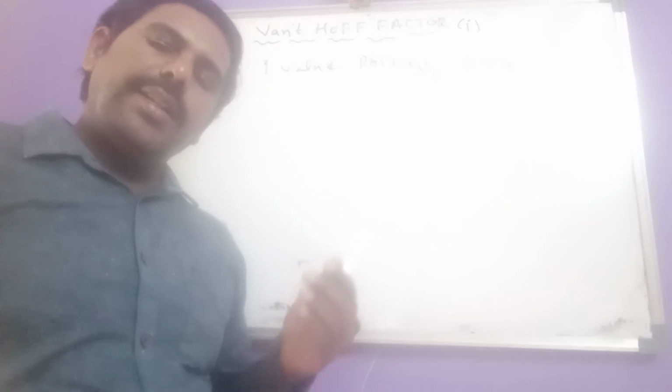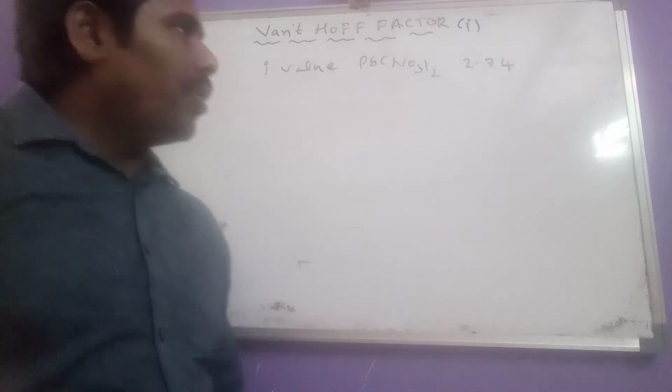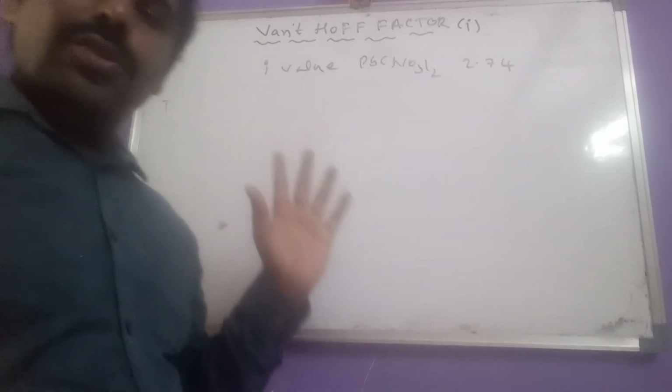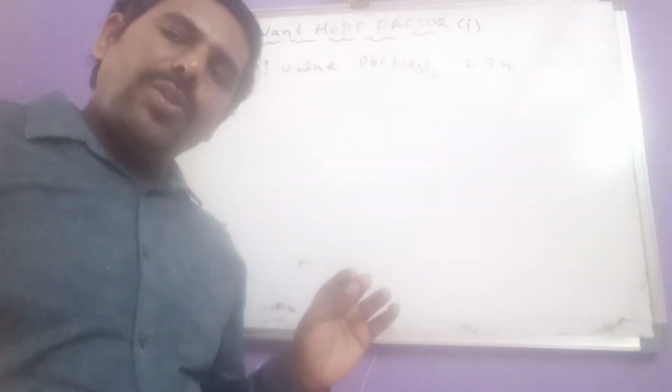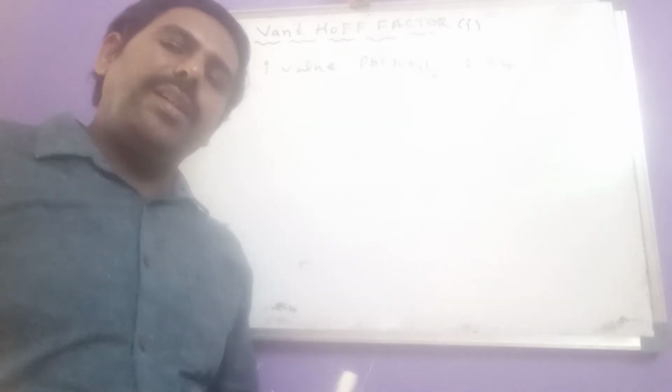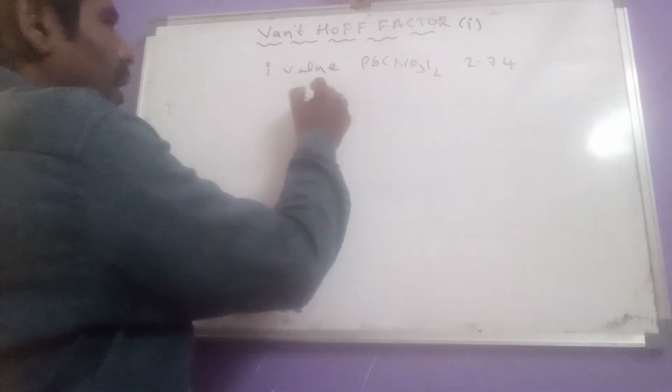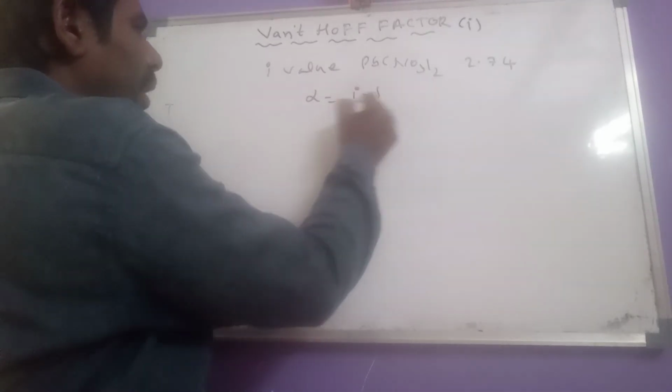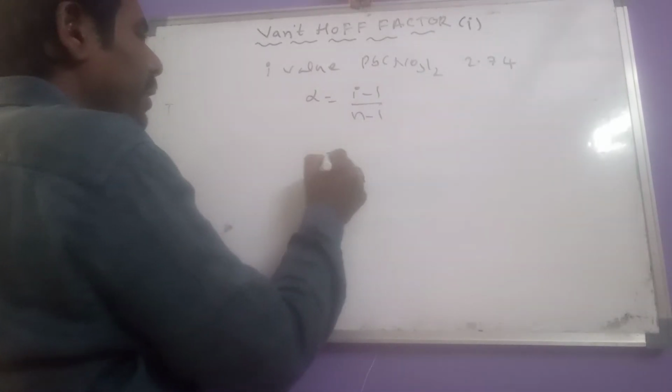What is its degree of dissociation and also percentage of dissociation? So now by using this I value, we have to calculate the alpha value. For electrolytes which undergo dissociation, what is the alpha formula here? Alpha equals I minus 1 by n minus 1.